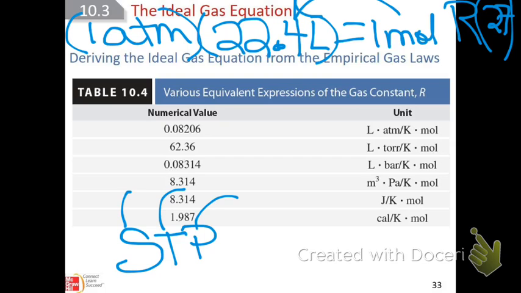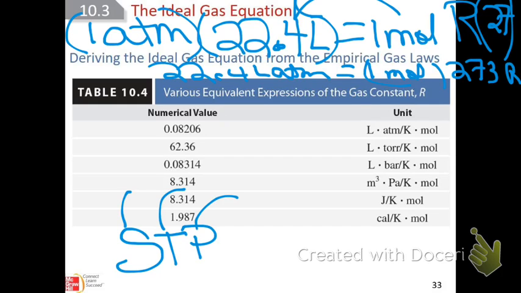Well, 1 times 22.4 is 22.4, and those units are going to be liter atm, equals 1 mole times 273 times our R. Well, 1 times 273 is 273, so if we're trying to get this R by itself, you're going to divide by 273.